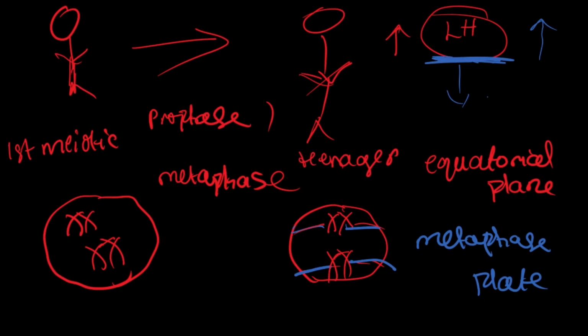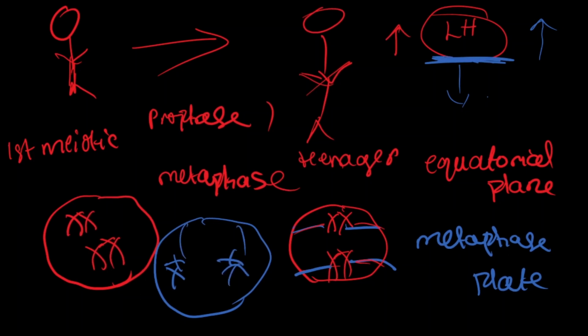As I stated earlier, at metaphase the cells line up at the equatorial plane. It actually looks something like this, with the spindle fiber attached to the chromosomes.